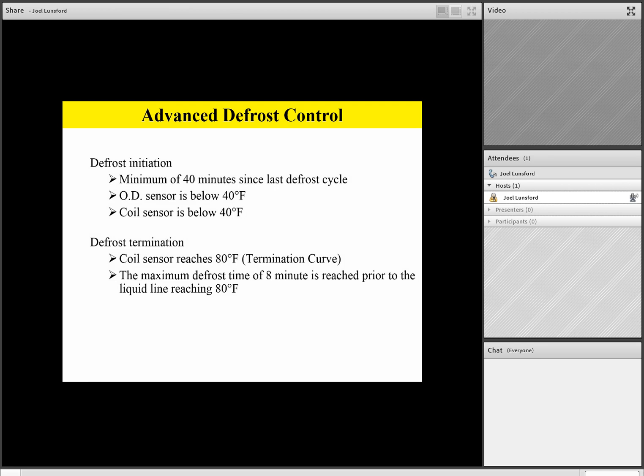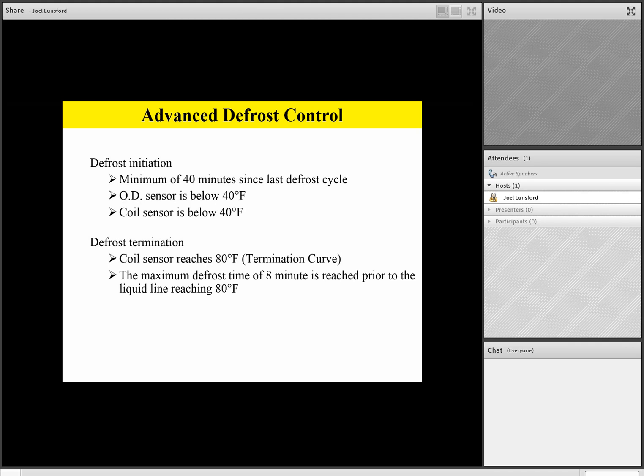In addition, on the advanced defrost control, the defrost termination point will be 80 degrees instead of our previous control board of 55. And the maximum timeout, or the maximum defrost time, is 8 minutes, if that is reached prior to the liquid line reaching 80 degrees. So our backup time is 8 minutes, and our defrost termination point on our sensor is 80 degrees on the advanced defrost control.